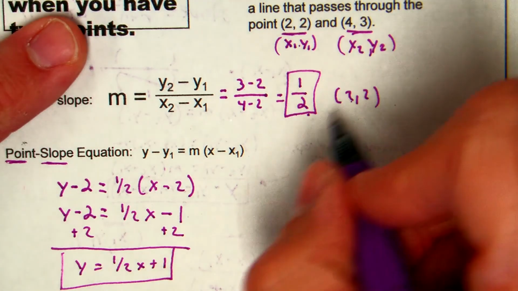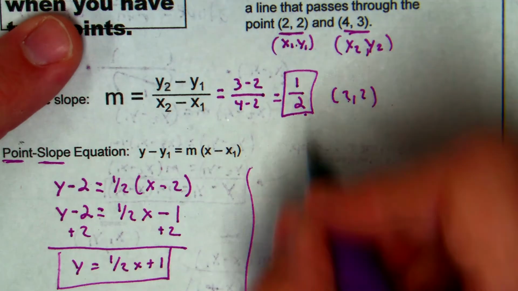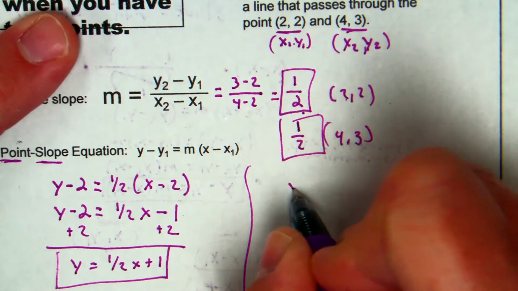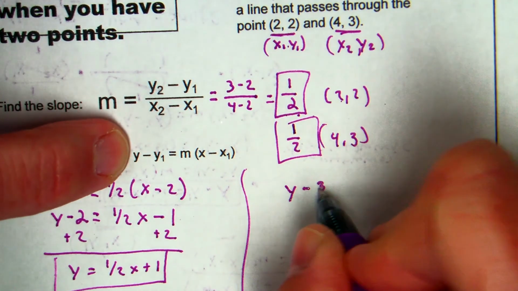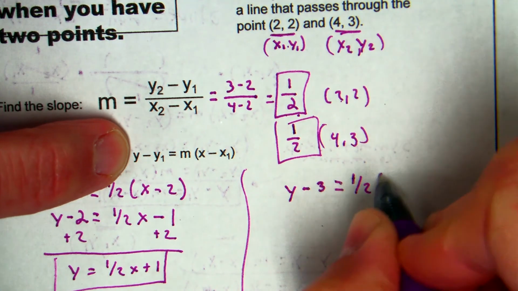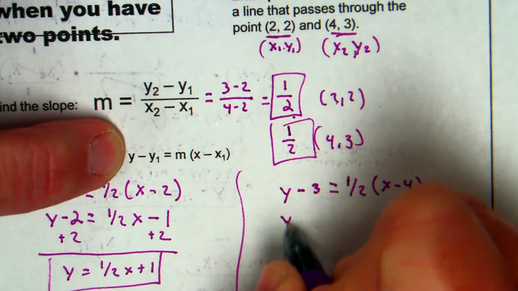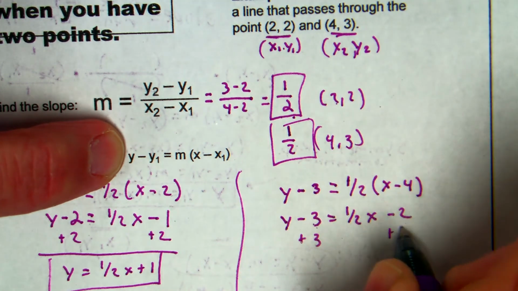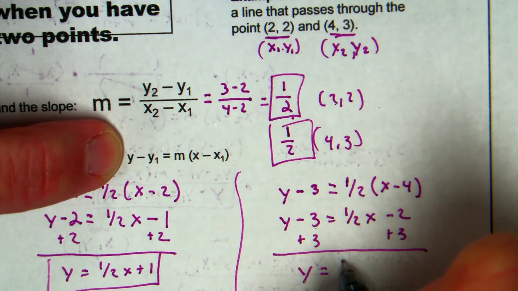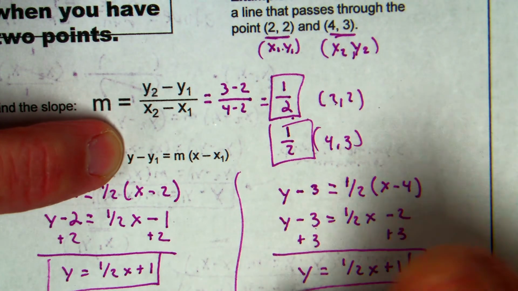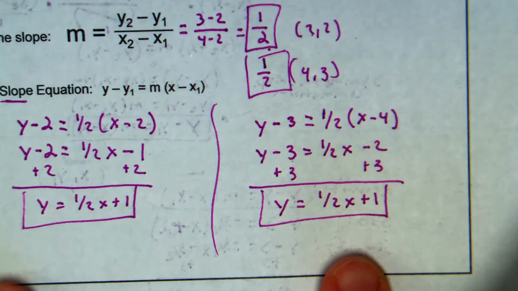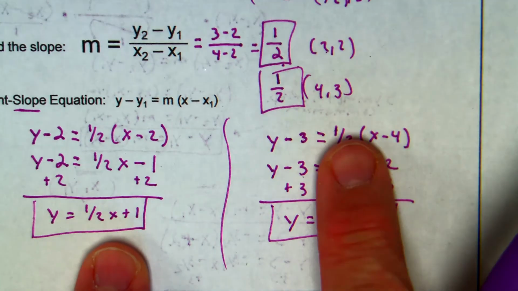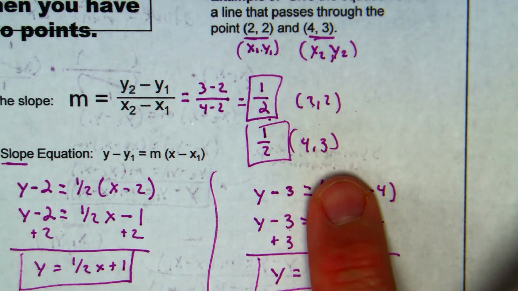Now, just for the sake of illustration, I'm also going to do this using the slope of 1/2 and using the other point, 4, 3. y minus 3 equals 1/2 x minus 4. y minus 3 is 1/2 x minus 2. y equals 1/2 x plus 1. Notice it doesn't matter which of the 2 points you use, you're going to get the same equation. So my rule of thumb is just pick whichever point looks easiest to you.